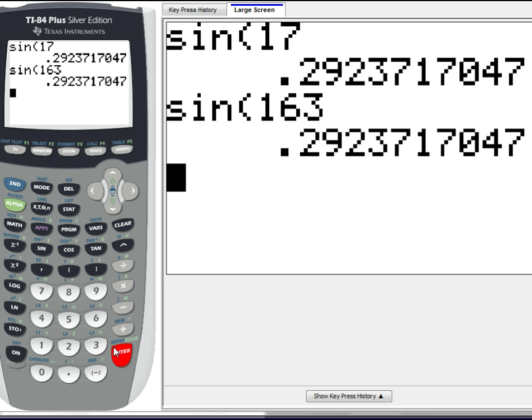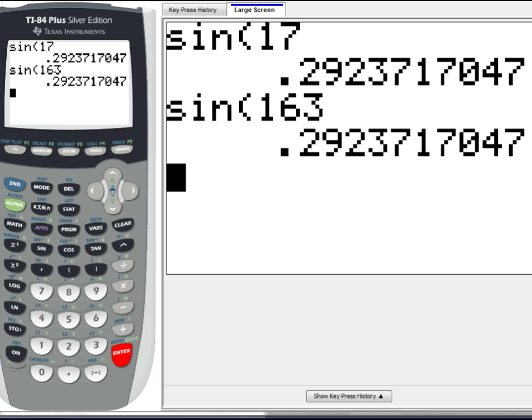That makes sense because remember, all students take calculus. 17 degrees in quadrant 1 and 163 degrees in quadrant 2 have the same reference angle. So therefore, the sine is positive in both quadrants 1 and 2. So the question is, well, which one's right? Is it supposed to be 17 or is it 163? They're both right. They both just might not be correct in this particular context.